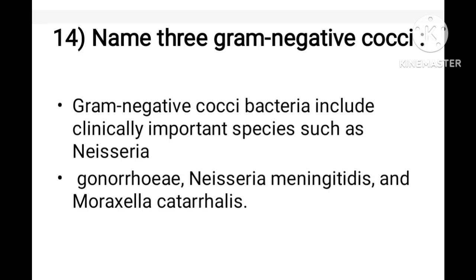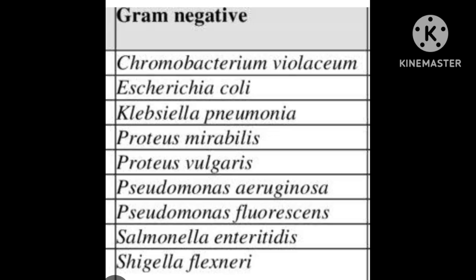Question number 14. Name 3 gram-negative cocci. Gram-negative cocci bacteria, including clinically important ones such as Neisseria gonorrhoeae, Clostridium tetani, Streptococci, Staphylococci, Salmonella typhi, which are displayed in your image view.